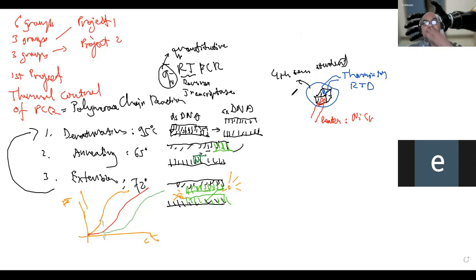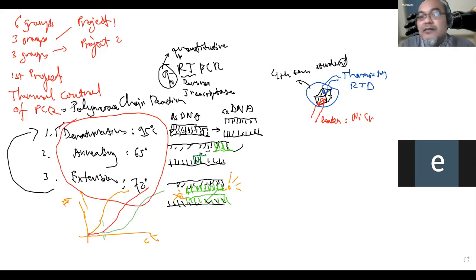In this case, it is with Ezra and Angeli for this PCR. And the 3 groups of you will do the control of the thermistor and heater so that you can cycle these 3 different temperatures: 95, 65, 72.